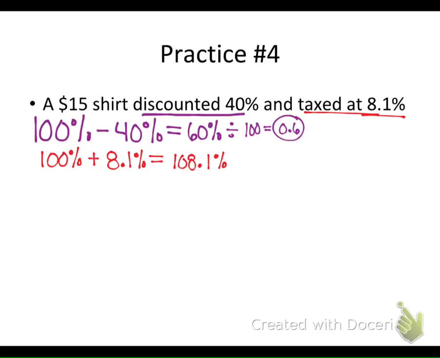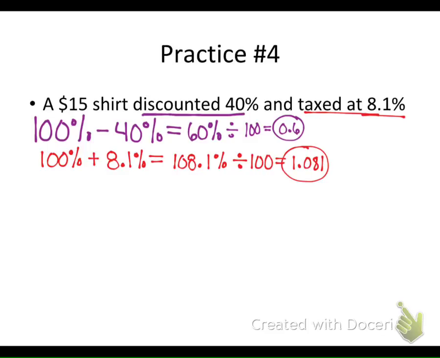Okay, step 1, step 2 completed. Step 3, change that percent to a decimal by dividing by 100. So what's that going to be as a decimal? What's this number called? Circle it. Okay. I've now found a multiplier for each of my percents.